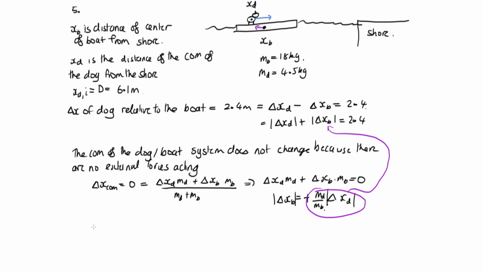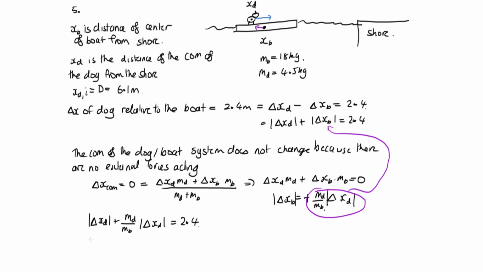When we do that, we've got that the change in displacement of the center of mass of the dog plus the mass of the dog over the mass of the boat times the change in displacement of the center of mass of the dog is equal to 2.4.